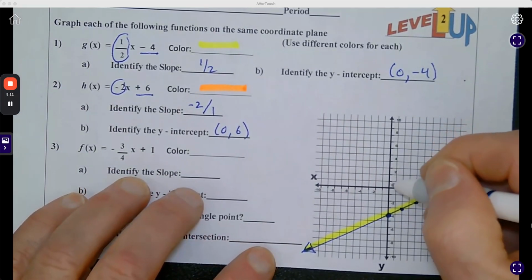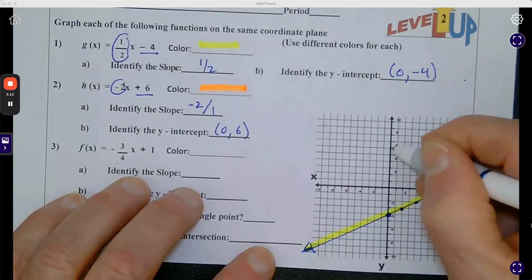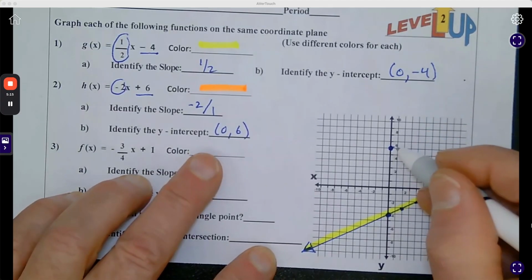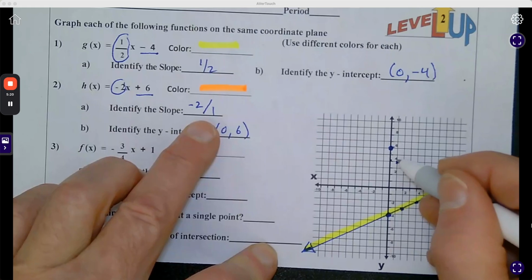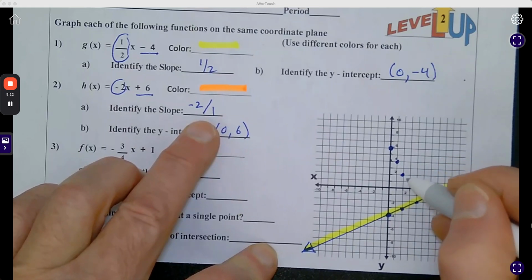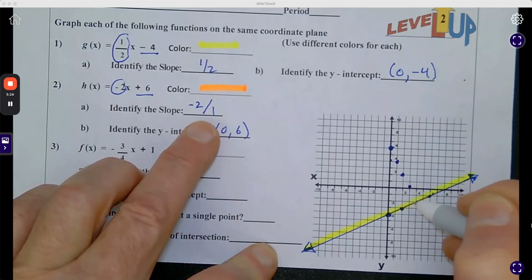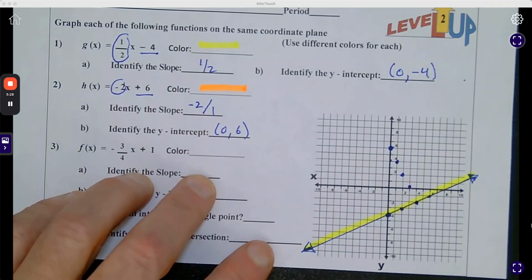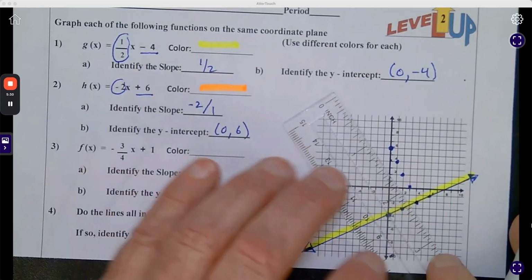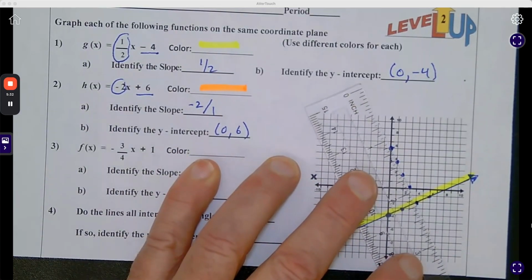Let's go to 6: 1, 2, 3, 4, 5, 6. Now I'm going to go down 2, and then over 1 in the positive. Down 2, over 1. Now I'm going to see if I can hit this line. I did right there. I feel pretty confident that's going to be the point where they intersect.